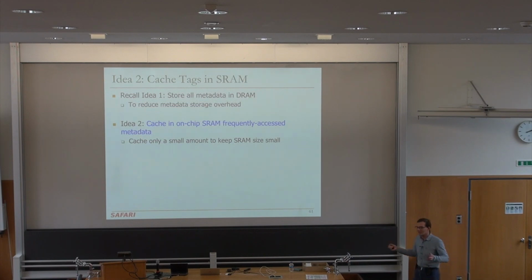The frequently accessed ones, basically. So that's the idea. You cache only a small amount to keep the SRAM size small. So now the SRAM that you keep in the memory controller is not for the entire tag store, but it's only a cache for the tag store. It can be very small, and you will see the results with a very small tag cache. You can actually get a lot of the benefit.